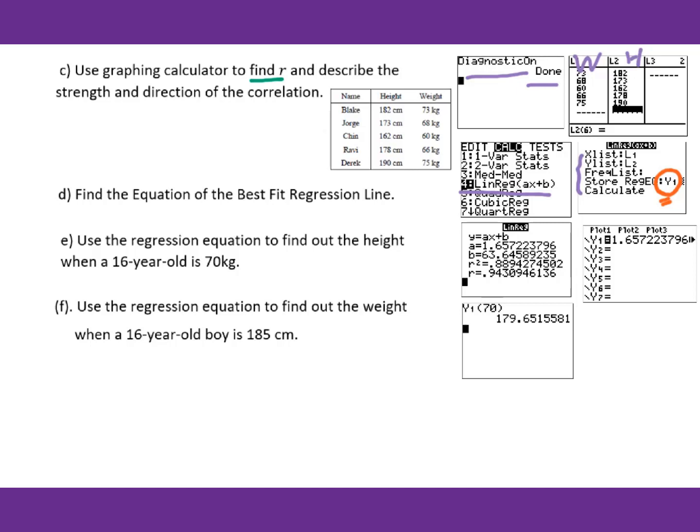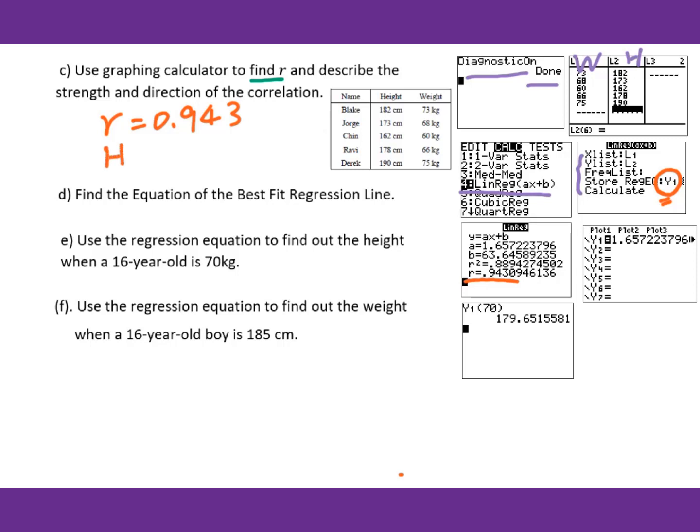Then press enter, you will see this is the correlation coefficient. So we get r equals 0.943. Remember, 3 significant figures. How to describe the correlation?